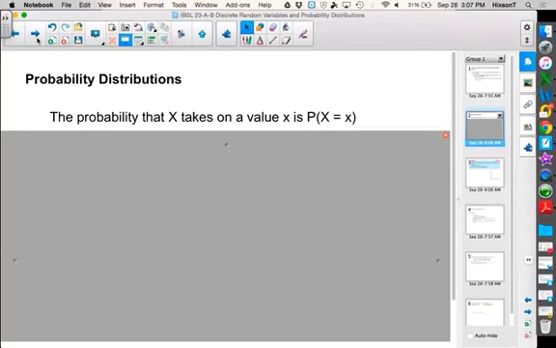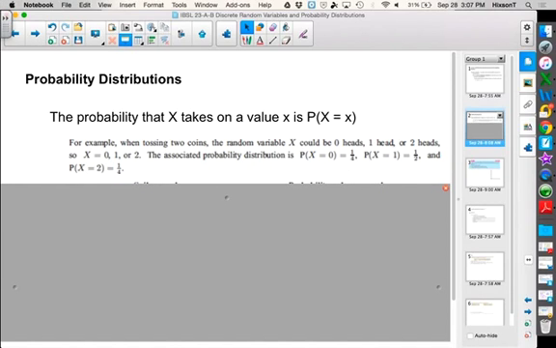Okay? And really what we're getting into here is what's known as a probability distribution. We're going to look at how the probabilities are distributed across the different possible outcomes. So let's take a look at a quick example here. You at least need to make sure that you understand the notation and stuff.